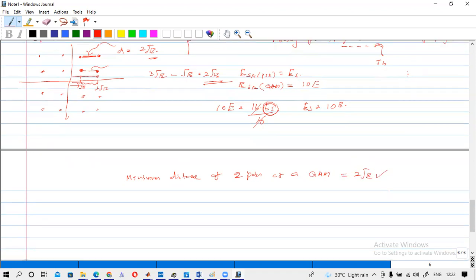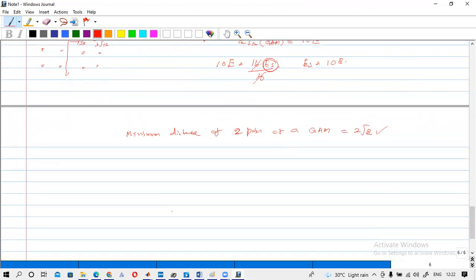Now you have to find the minimum distance for 16 PSK. So you will have this kind of 16 constellation points.